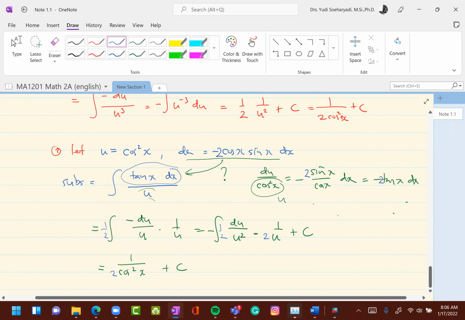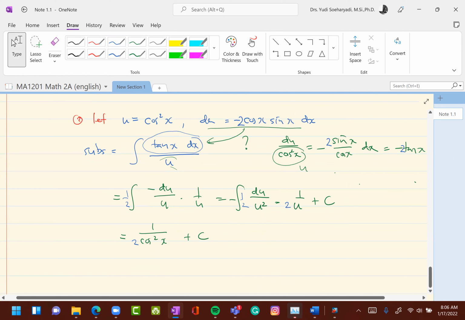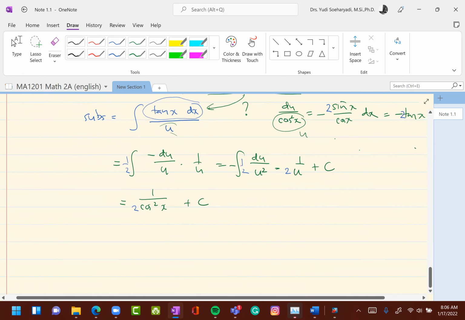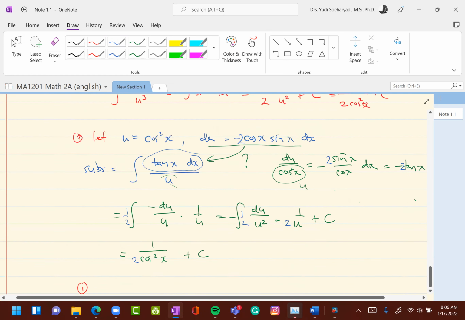But it's more complicated in this part. And see the first one here. What if we choose tangent?